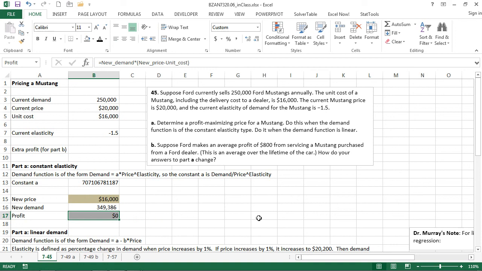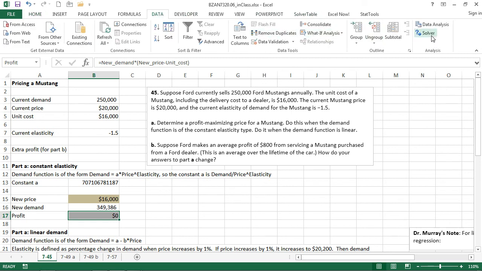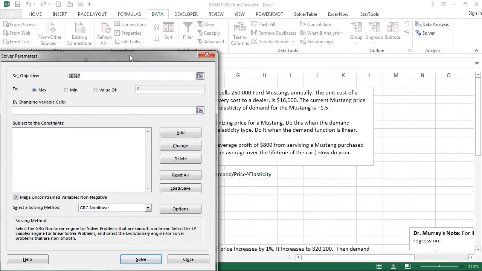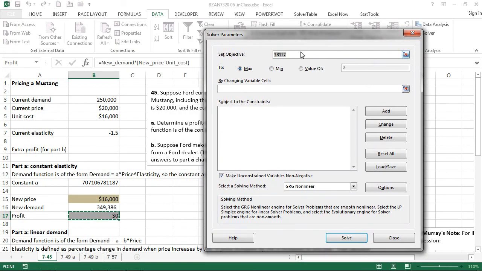Now, again, I could solve this mathematically, but it's so much easier to use Solver. So let's go in to Solver. And I want to use profit as my objective. I want to maximize profit, so far so good. I want to do that by changing price. Now, do I have any constraints?